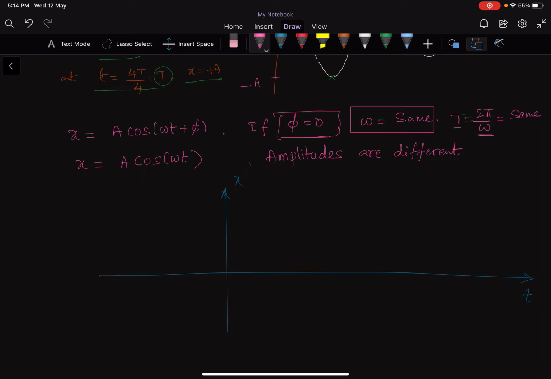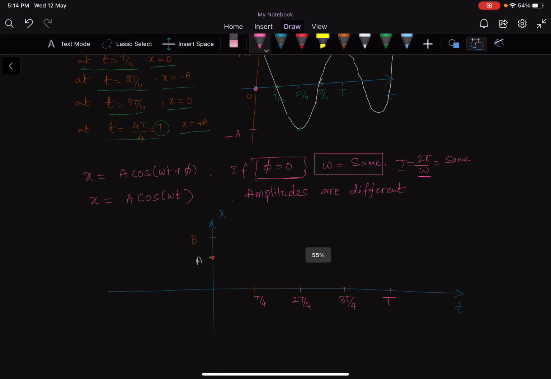One has amplitude A, another has amplitude B. At t equal to 0, the particle position is at x equal to A. Then at t by 4, 2t by 4, 3t by 4, and finally 4t by 4, or simply T, we know the conditions are the same.